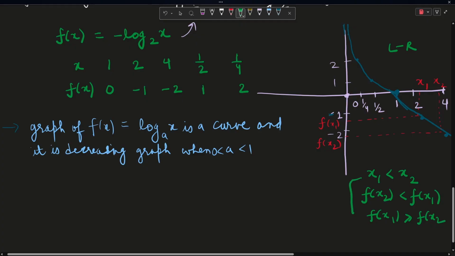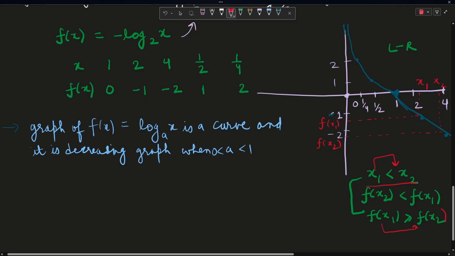Hence, with the increase in input, the value of output is decreasing.